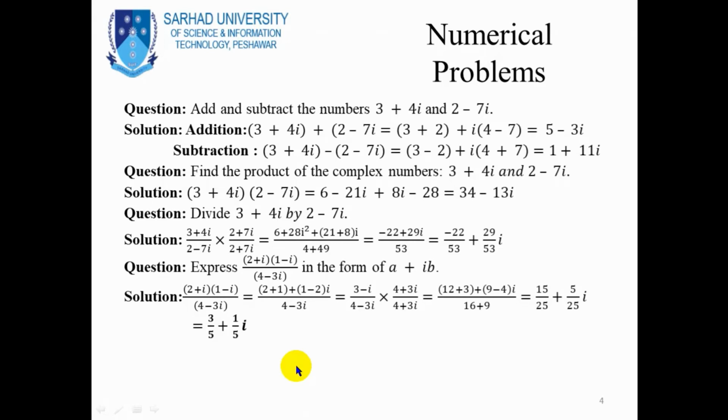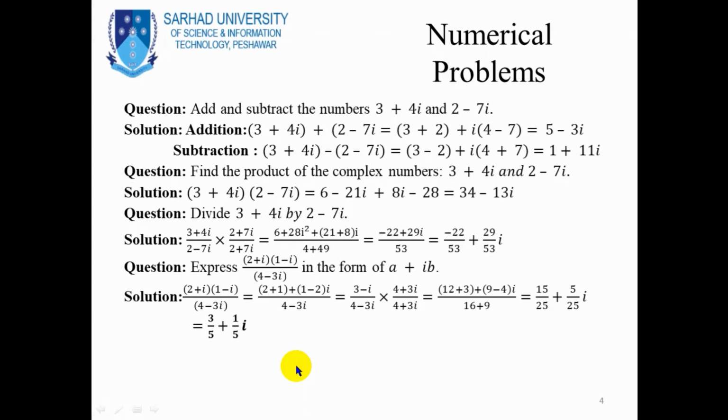Now for the subtraction, 3 plus iota 4 minus (2 minus iota 7). Subtract the real part and subtract the imaginary part and write the result in two parts, one the real part and the other the imaginary part. So by using any operation like addition, subtraction, multiplication and division, we should write the result in the form of a complex number.